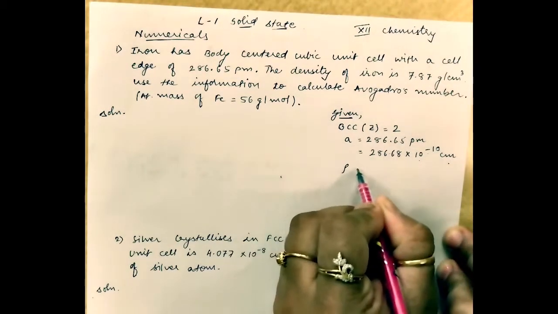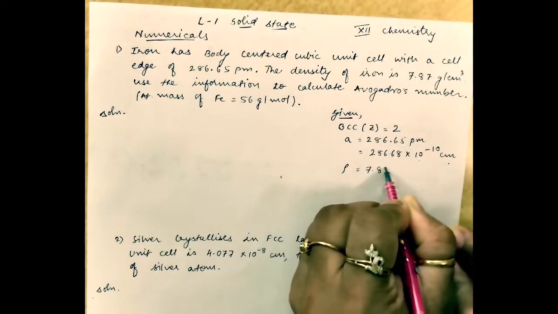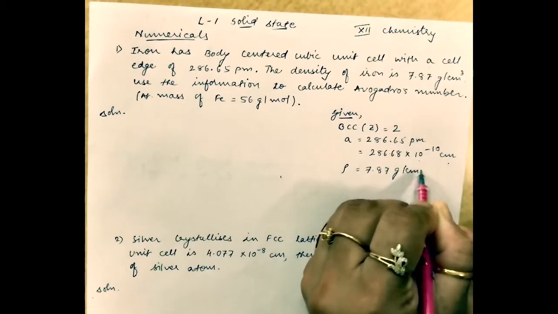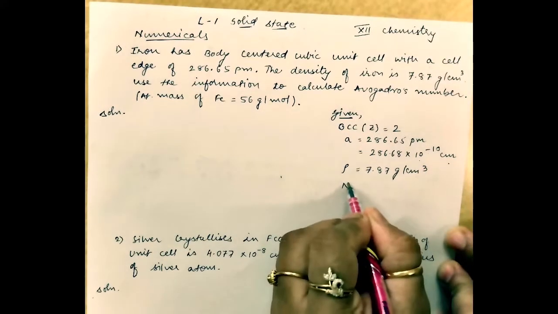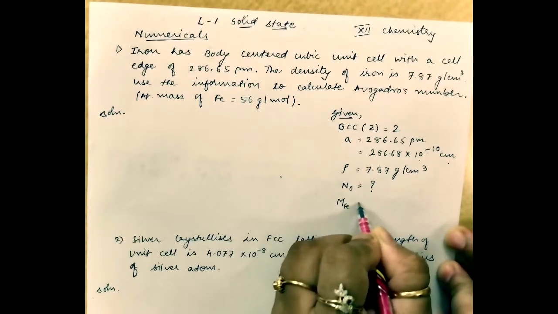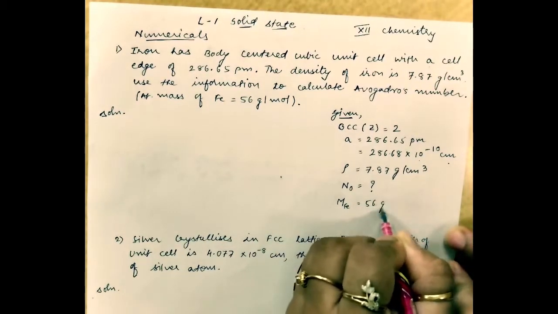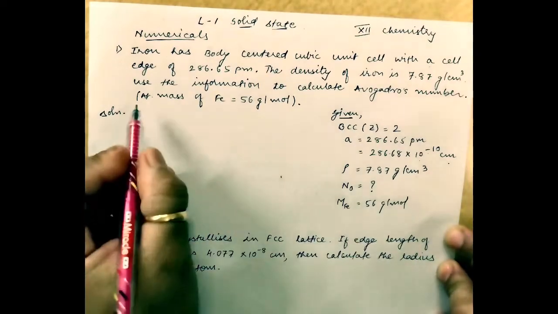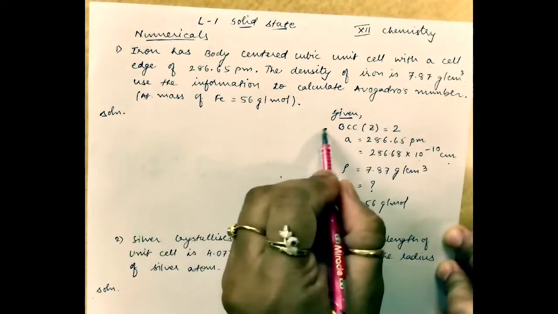Now the density given to you here is 7.87 grams per centimeter cube. Avogadro number you are supposed to find out, and the mass of Fe given to you is 56 grams per mole. So these are the given conditions.